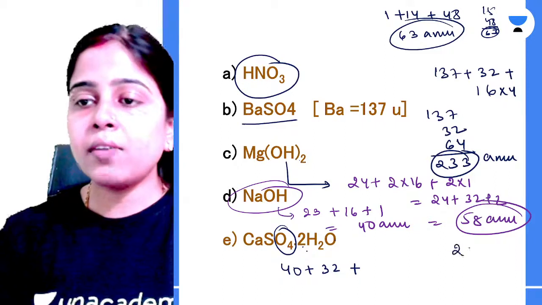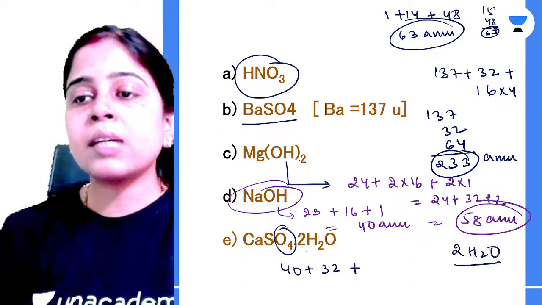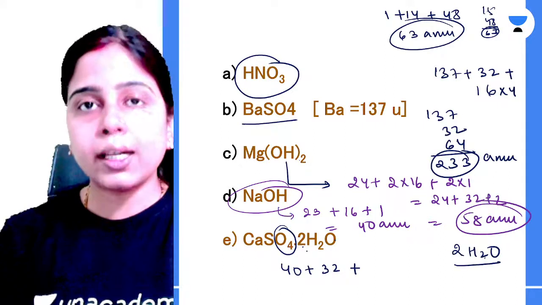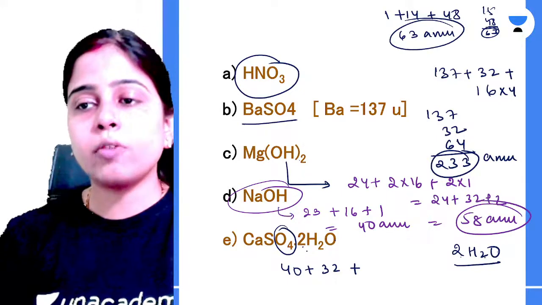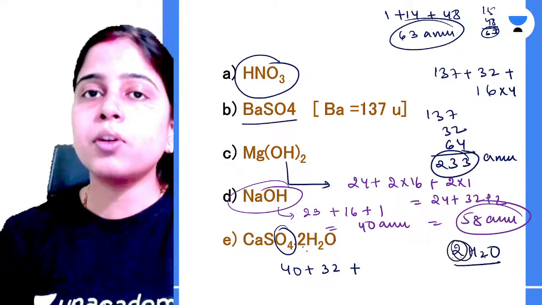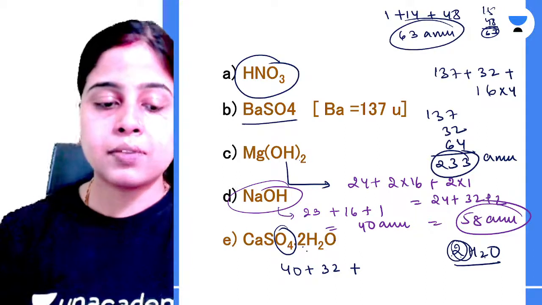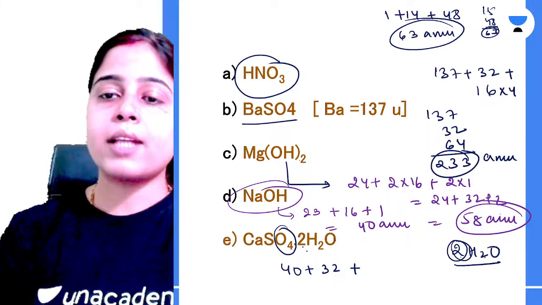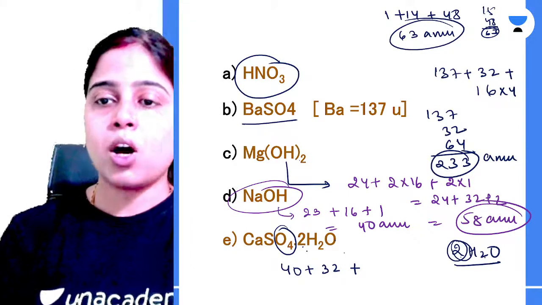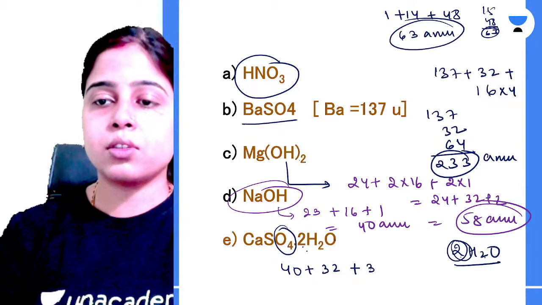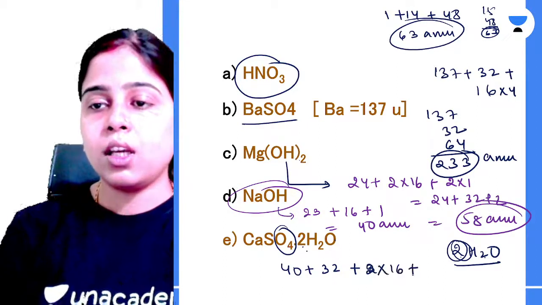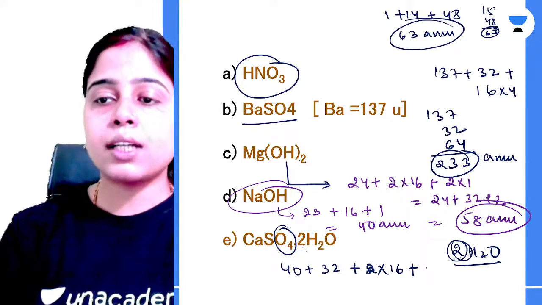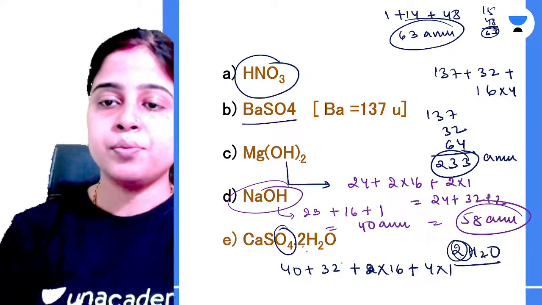So whenever you have a compound written like this, that means you have 4 atoms of hydrogen and 2 atoms of oxygen. So this number also stands for all the atoms present after the number. So that means you have 2 atoms of oxygen, that is 32, plus 2 into 2, 4 atoms of hydrogen, so 1.